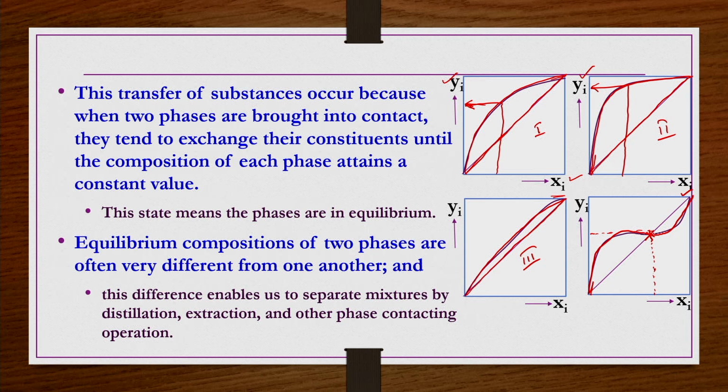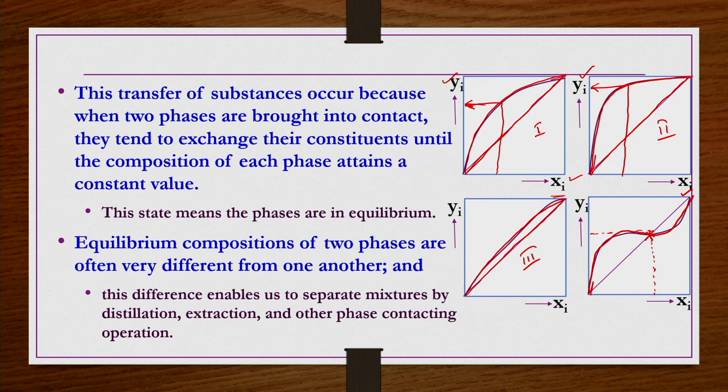That means under such conditions the separation is not possible. One has to make sure that this point moves away from the diagonal, through changes in the operating conditions or changes in the feed mixture, so that the separation can take place.